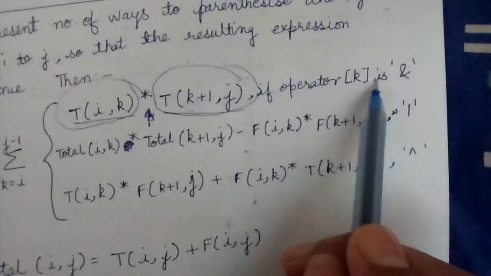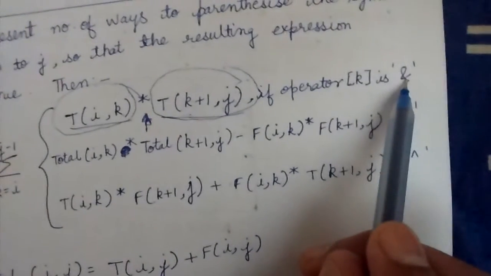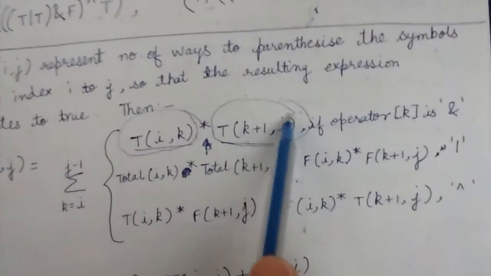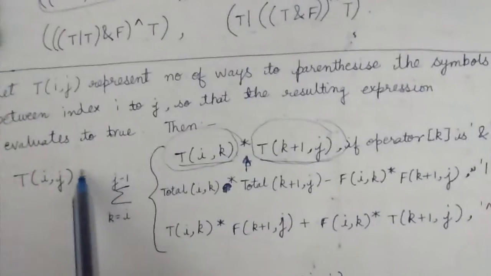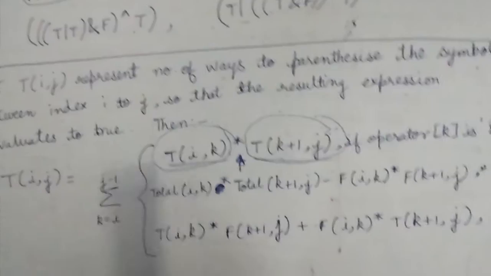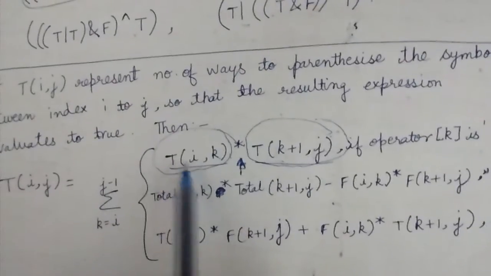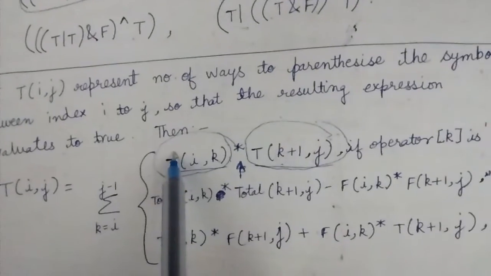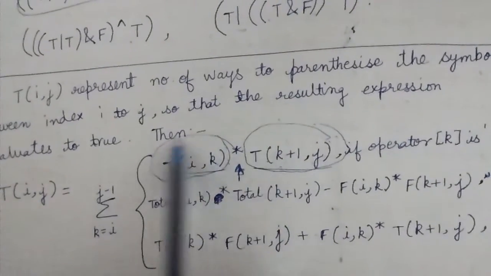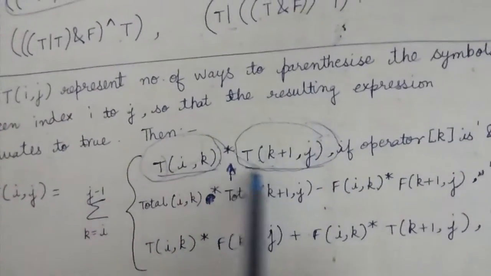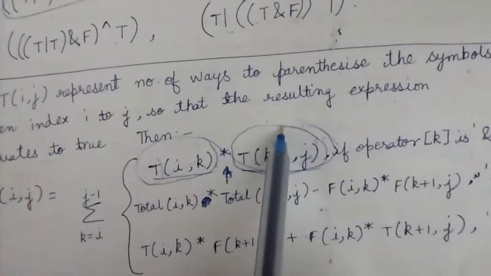So for the kth operator, if it is boolean AND, then the number of ways in which this whole expression from ith index to jth index can be true is the number of ways the expression from i to k evaluates to true, multiplied by the number of ways the expression from k plus 1 to j also evaluates to true.